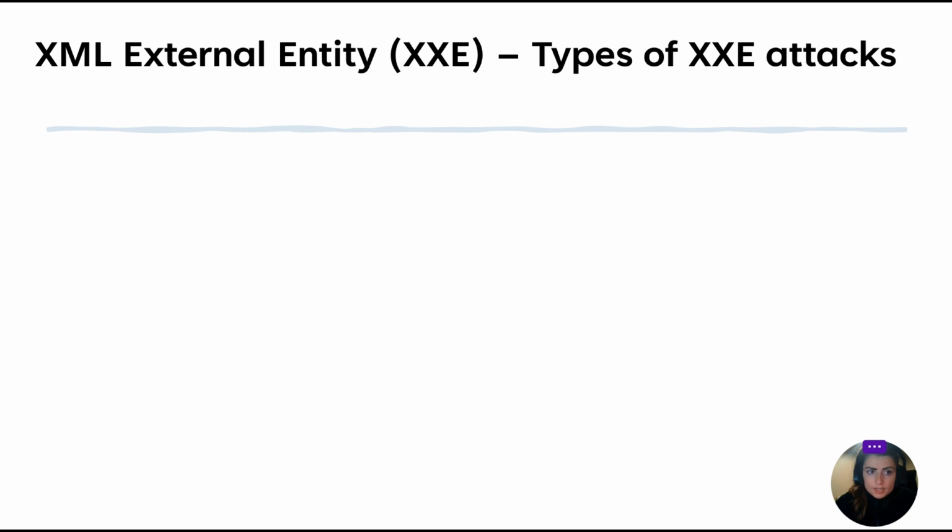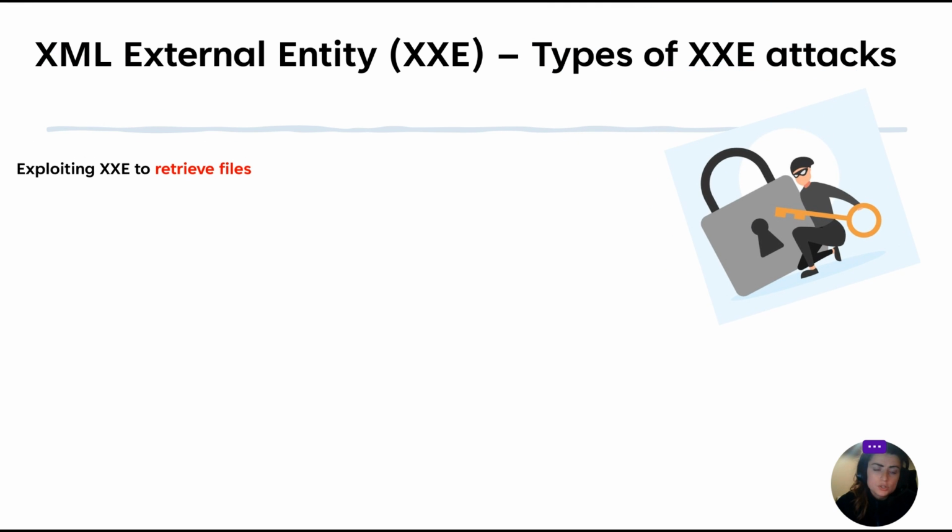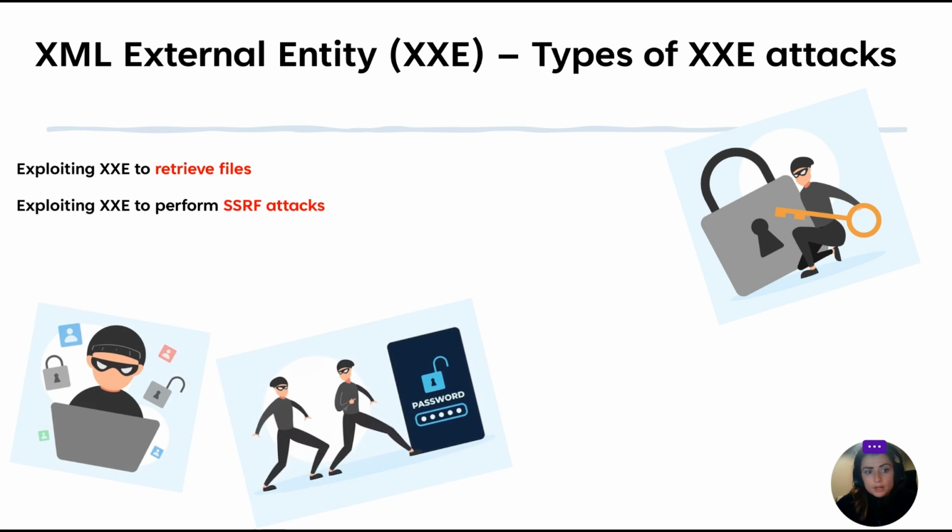Okay, so XML external entity, types of XXE attacks. We have basically a few types, or probably a few ways of exploiting and what we can do when we exploit the XXE vulnerability. We can retrieve files, we can perform SSRF, which is server-side request forgery.